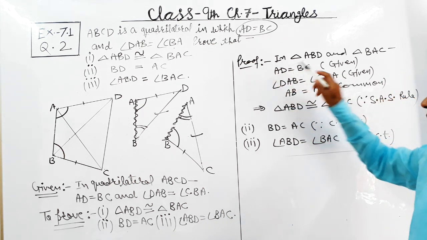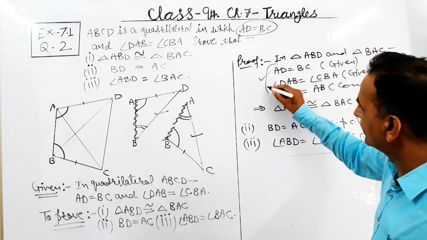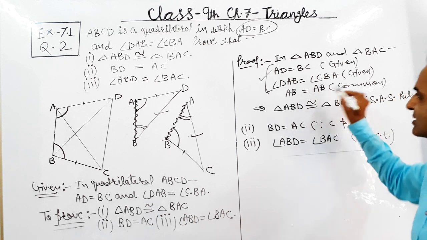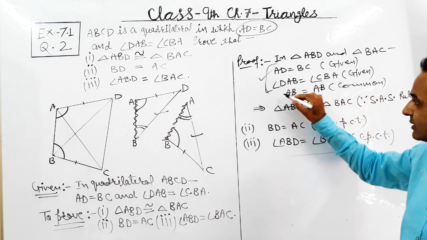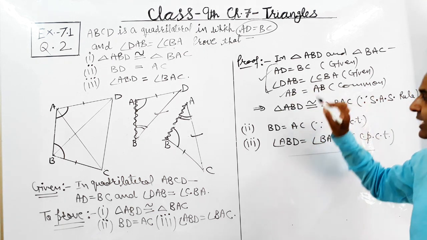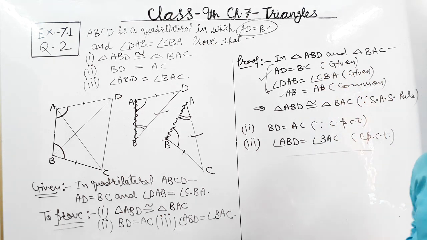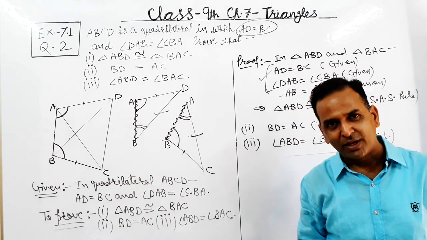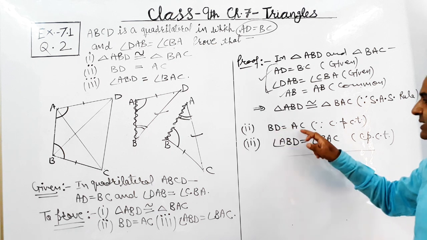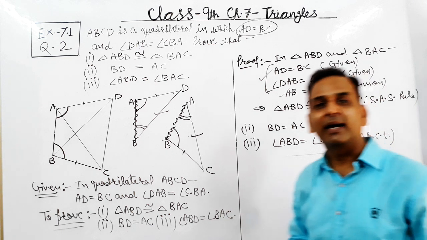Then in the proof, because these two points are already given to us, we just have to identify this point: AB equals AB because it is the common side. So the angle-side rule will be used to prove these two triangles congruent. So these two triangles ABD and BAC are congruent now. And because they are congruent, BD and AC are equal by CPCT, and angle ABD and angle BAC are also equal by CPCT.